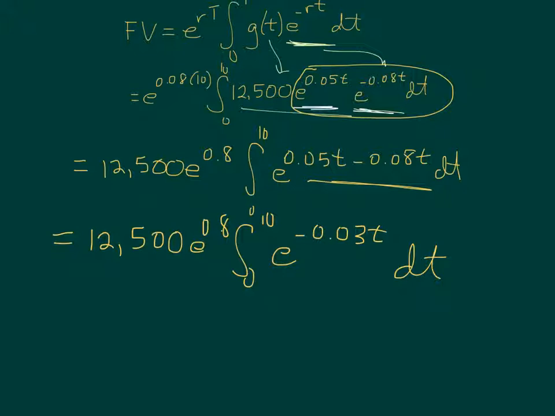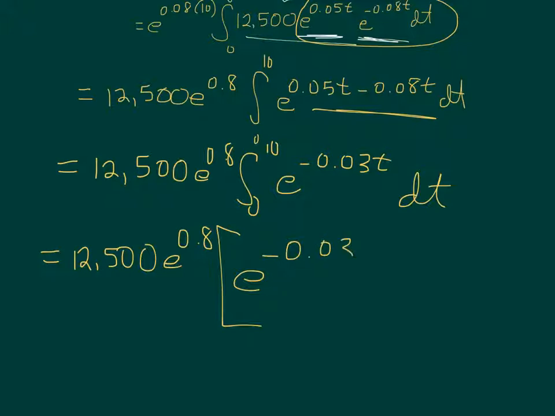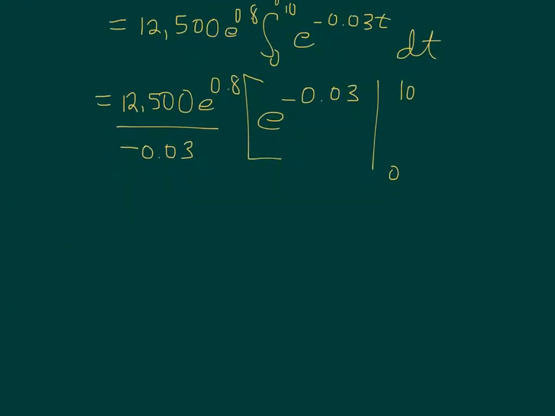Now I'm home free, because this is just like the first part, where I'm going to have 12,500 e to the 0.8. My evaluation here is going to be e to the negative 0.03 t over negative 0.03, and I'm going to stick this outside. That's the k part of my formula. And then evaluate it from 0 to 10.